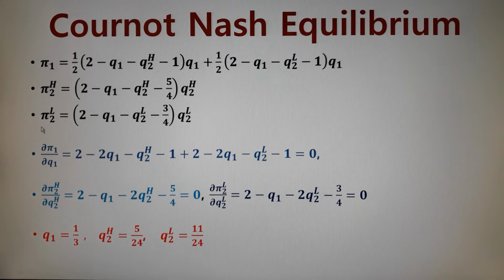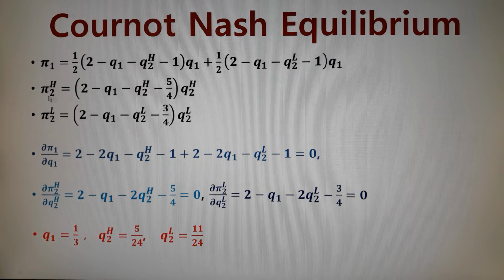And here, we wrote down two equations for the second company, firm 2, because high cost, low cost, they are different types, and different types should be treated as different players. Okay? So 2 minus Q1 minus Q2, that is the price of the market, minus the marginal cost, that is the profit per unit sold in the market.